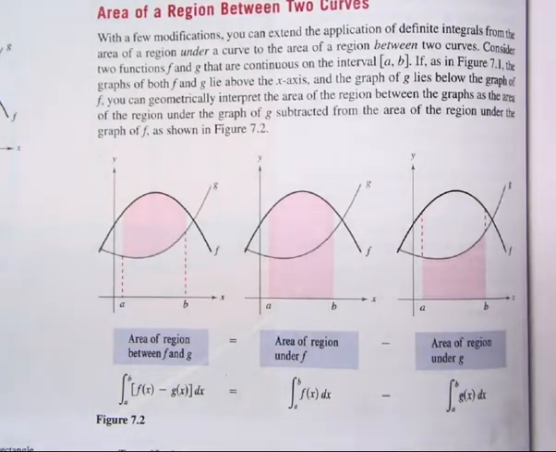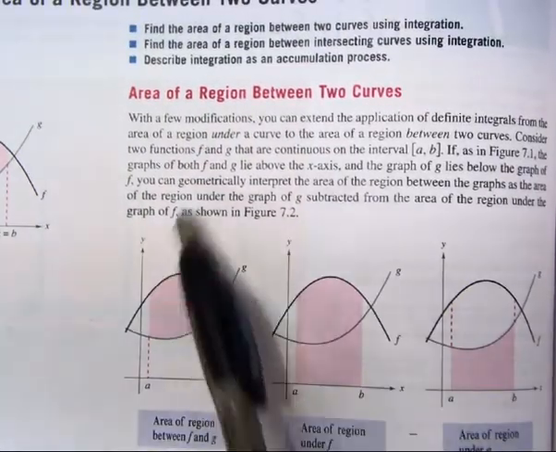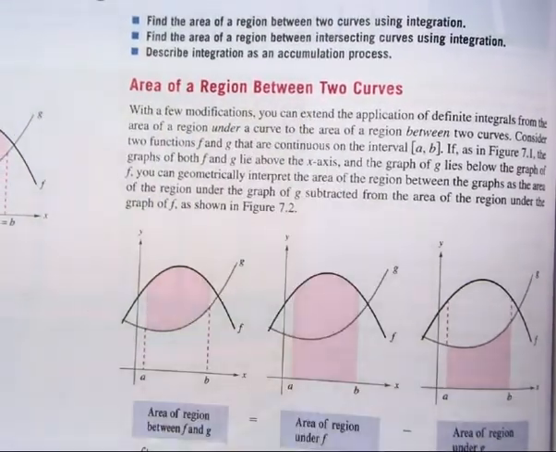But bottom line, as I talked about a while back, there's a difference between calculating a definite integral and finding area. A definite integral can be negative, but what we're doing in this section is finding the area of a region between two curves.